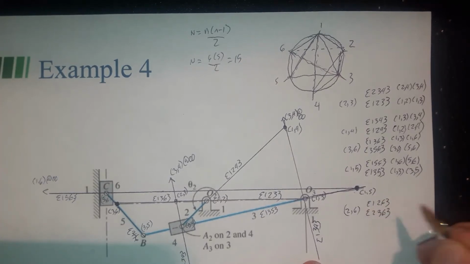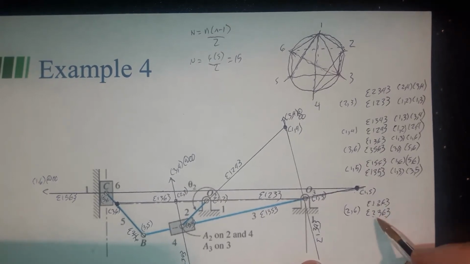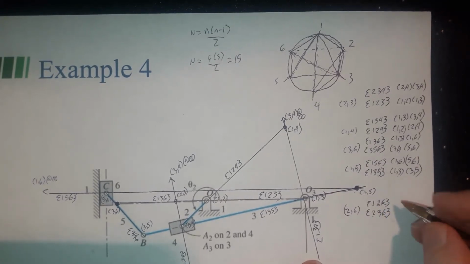Okay, and notice in order for this to work, because some of these are a little trickier to see, I have to have the 2, 6 in both lines and then two other numbers. Okay, so 2, 6 is what I'm looking for, and I've got a 2, 6 in both of those instant center lines, so that one will work.